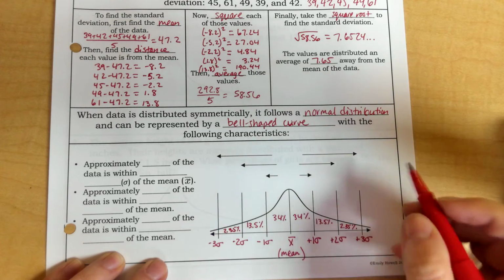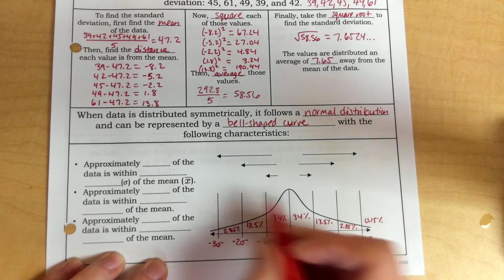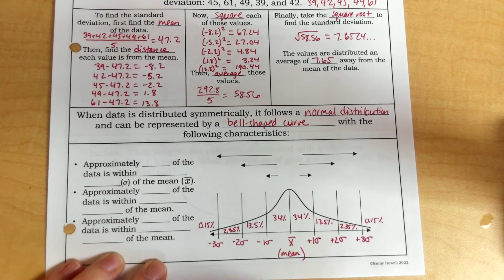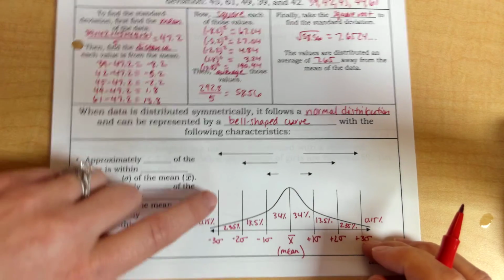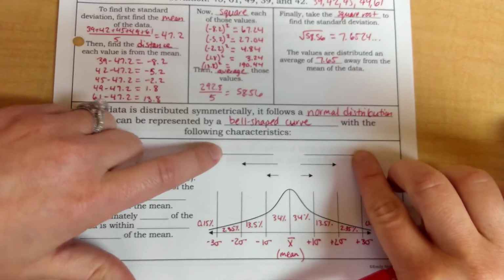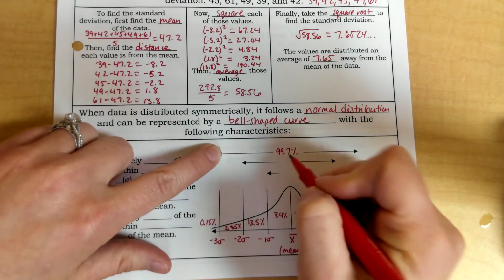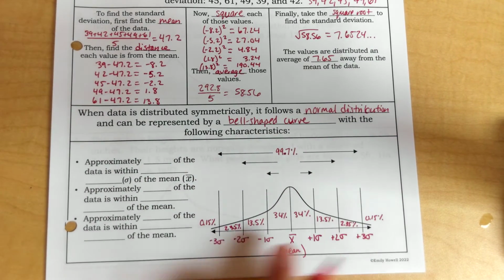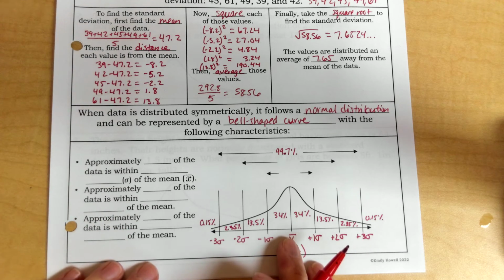And what that leaves us with is 0.15% outside of those 3 standard deviations, and 0.15% outside of the negative 3 standard deviations. So in total, from this negative 3 to positive 3 standard deviation, 99.7% of the data is included between 3 and negative 3 standard deviations of the average.